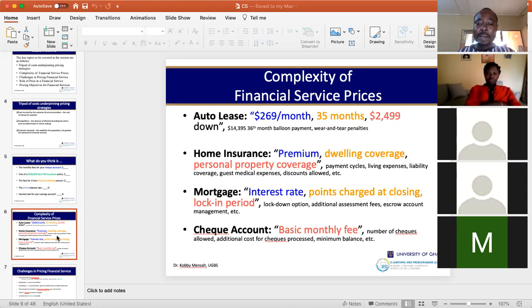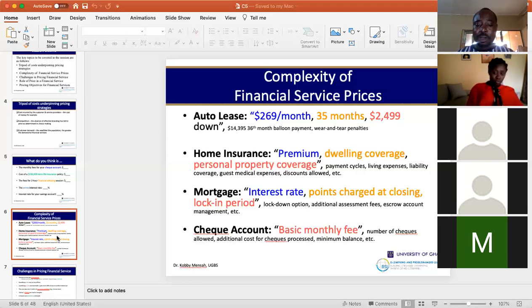But also you have the monthly payment, how much somebody can pay if they want to make a down payment, wear and tear, penalties, etc. So you have so many variables that come together to make the cost of auto lease.